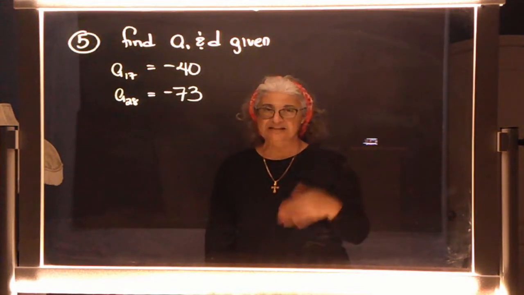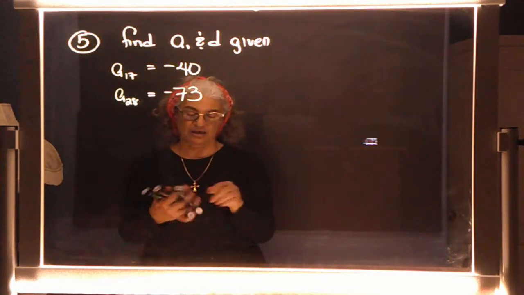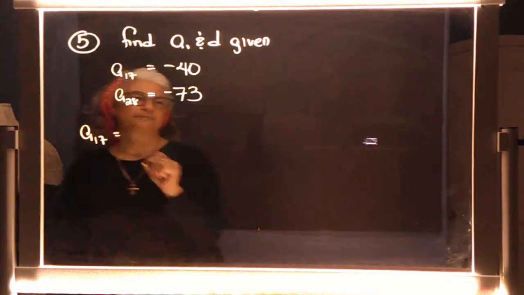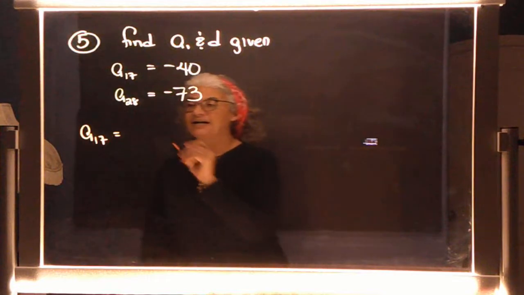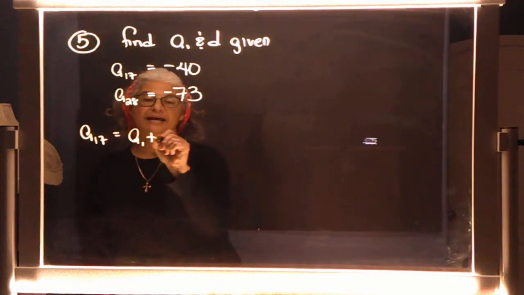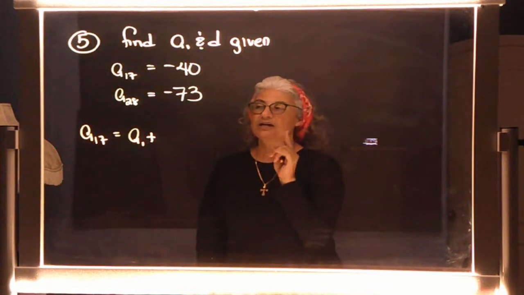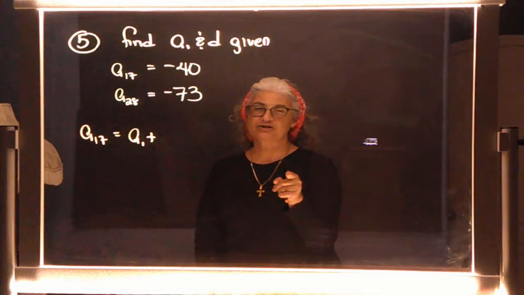Okay, so let's think about this a second, all right? Generically speaking, how do I find term number 17? What do I do based upon that definition? I'm going to take the first term and add what? Good. Remember, the D, the common difference, didn't start on term number 1.